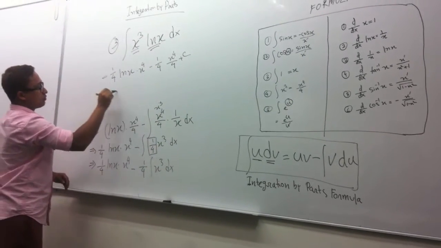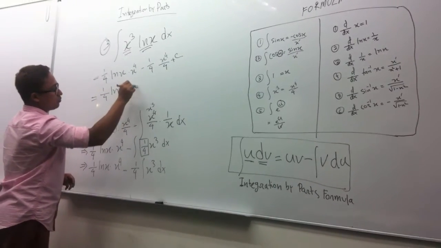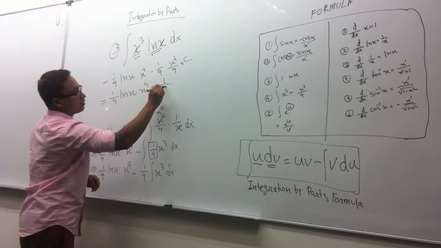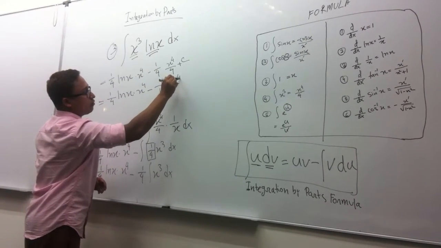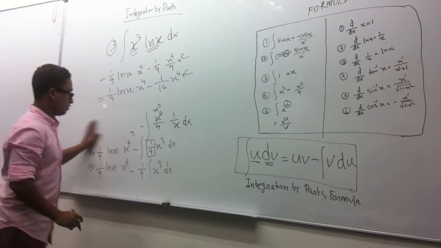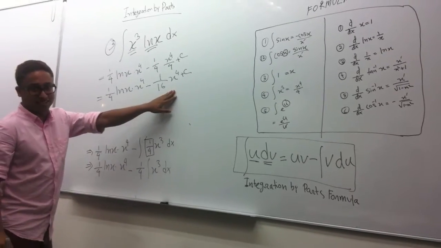So it's going to be 1 over 4 x to the power 4 ln x minus 1 over 16 x to the power 4 plus c. So this could be our final answer.